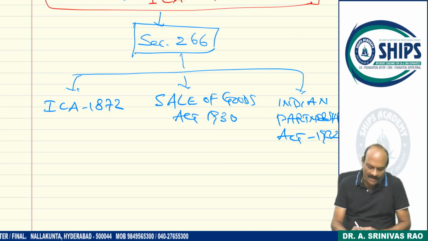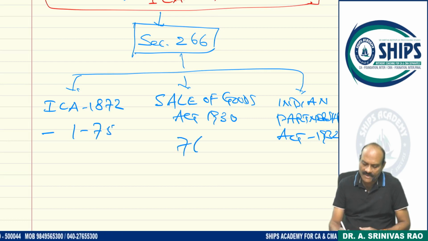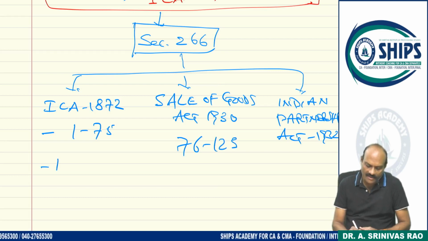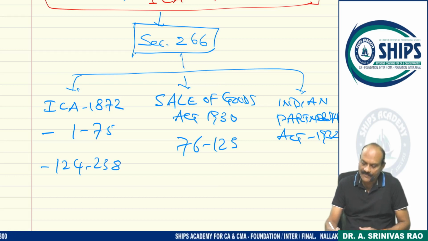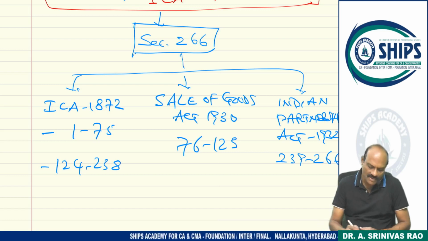So the Indian Contract Act consists of section 1 to 75, again here 76 to 123, again here 124 to 238, here 239 to 266.